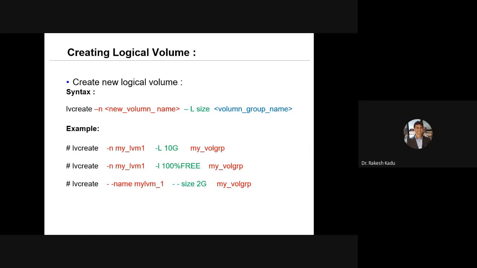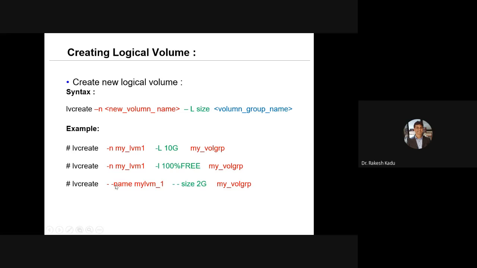That's why it is written minus l 100% free. So whatever free space remains, either 8 GB, 10 GB, or 15 GB, it will take that. Here I am saying to consume all the remaining space in my volume group for creating this partition.